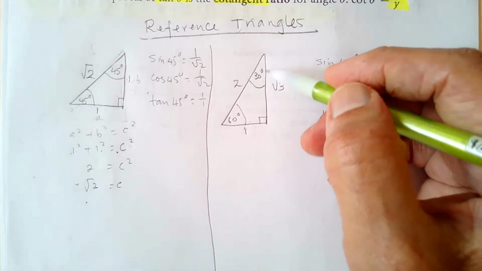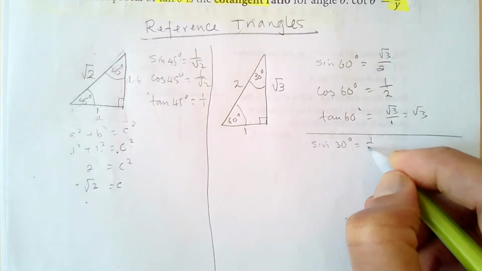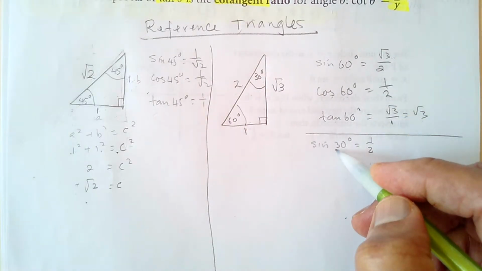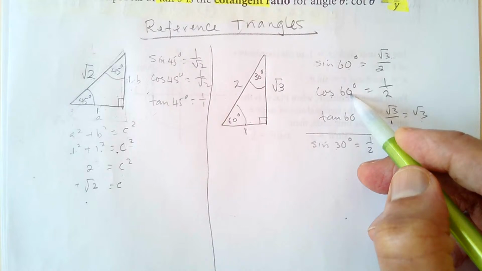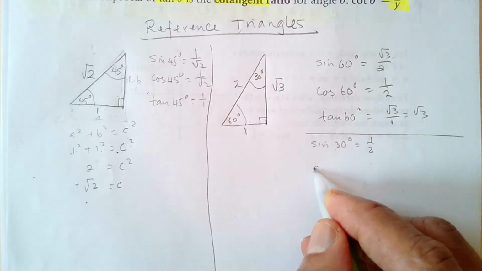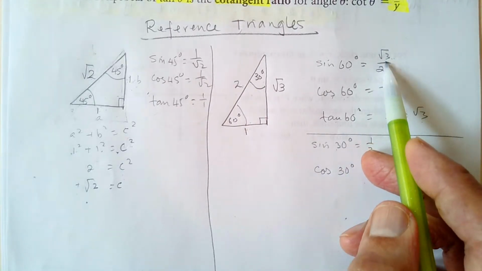Now sine 30 degrees is opposite over hypotenuse, so it's a half. Notice it's the opposite of 60 degrees. So sine 30 degrees is the same as cos 60 degrees. Then we have cos 30 degrees, and it should be the same as sine 60 degrees.